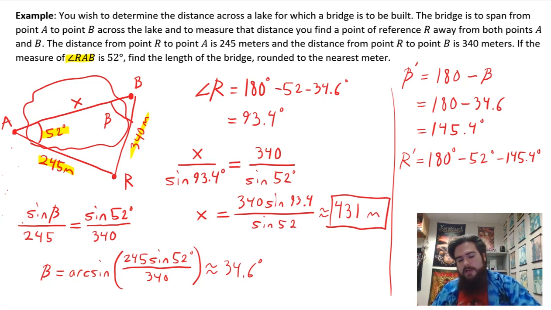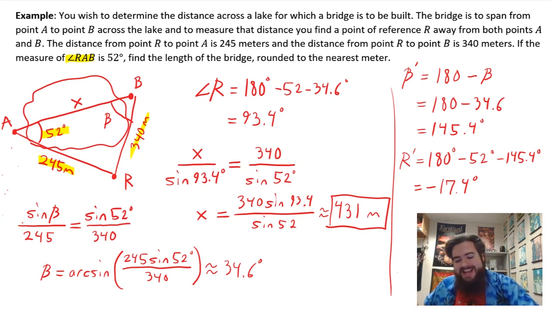Well, now that's going to be a problem. If you do 180 degrees minus 52 minus 145.4, you're going to get an angle measure that is negative. What you're going to get here should be negative 17.4 degrees.